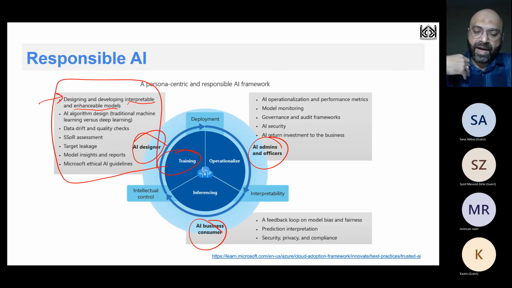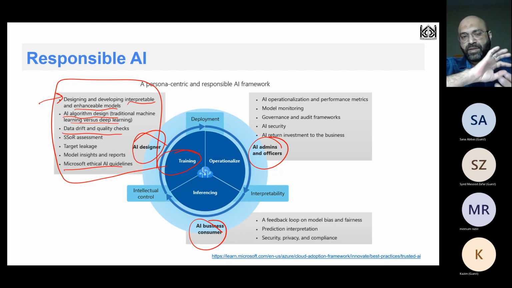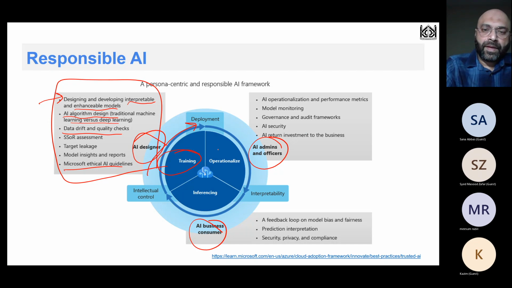Whatever model I design, as an AI designer, I will be able to interpret it, or if I give it to someone, that person will be able to interpret very easily what it is looking for and how the system is designed. And AI algorithm design, traditional machine learning versus deep learning, data drift and quality checks, and Microsoft ethical AI guidelines. All these things are bundled together, developed, and then passed on to the AI admin and officers.